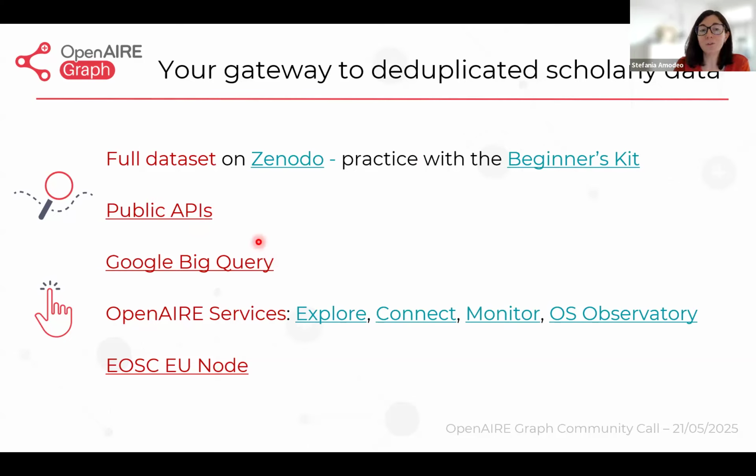The Google Cloud BigQuery is also an efficient way to access the OpenAIRE graph data, and through our OpenAIRE services, and also in the EOSC, the European Open Science Cloud EU node. So, okay, I think this is about time to stop.